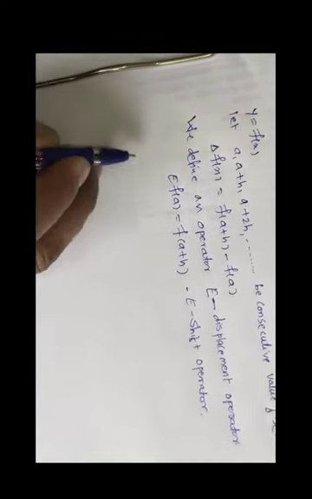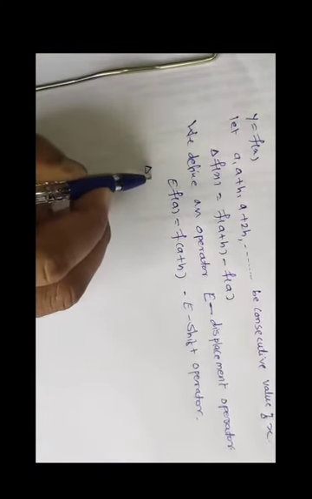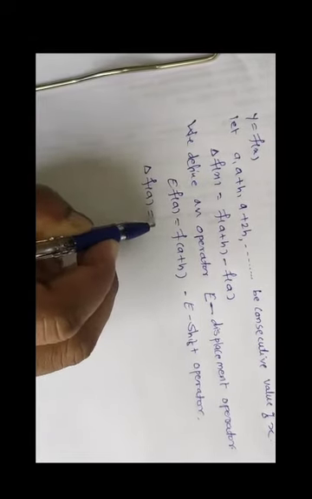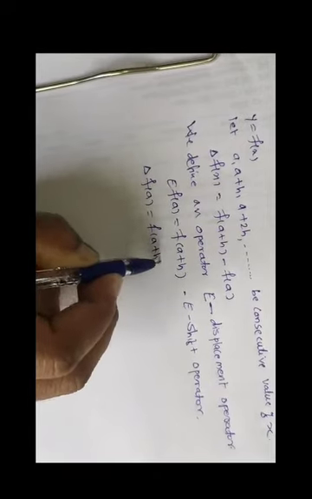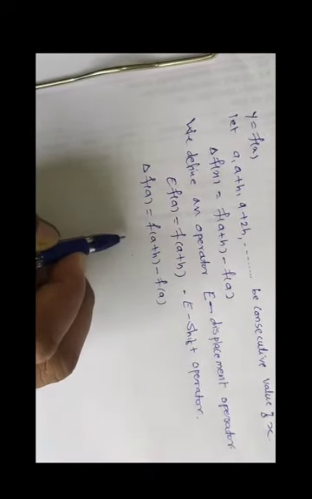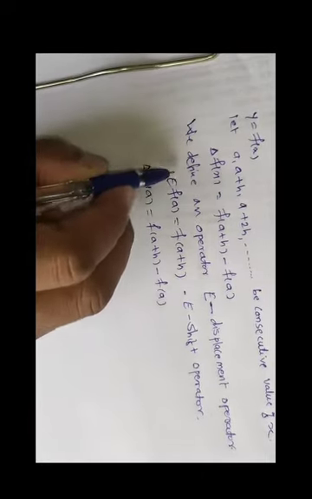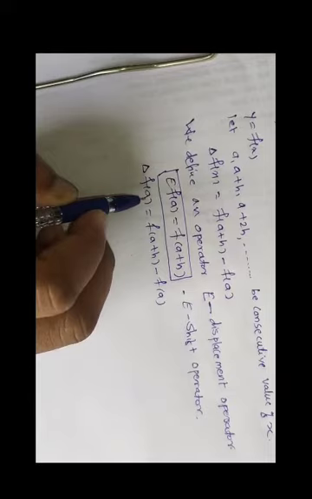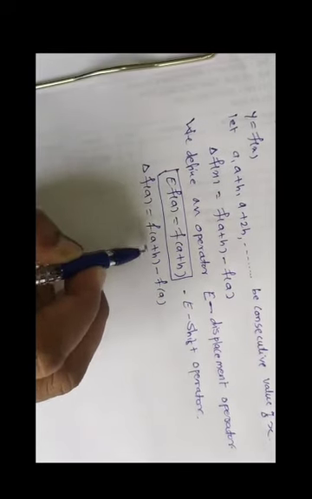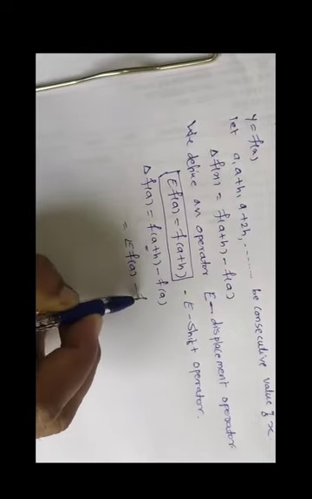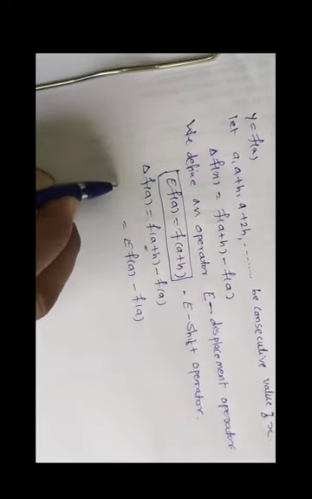So students, we already know that delta f of a is f of a plus h minus f of a. From this definition, E f of a is equal to f of a plus h, so I replace that term by E f of a. Then delta f of a is E f of a minus f of a.